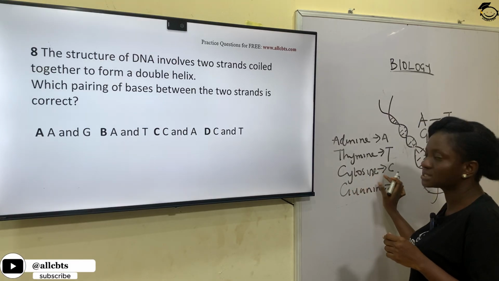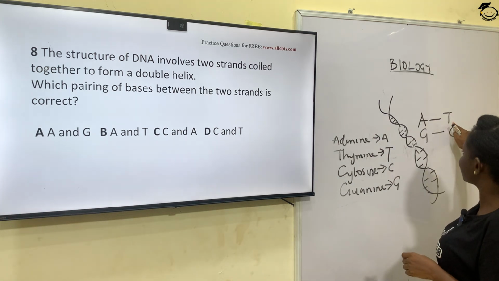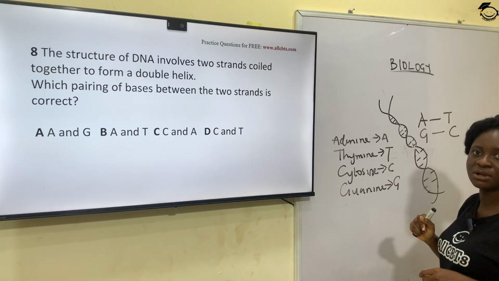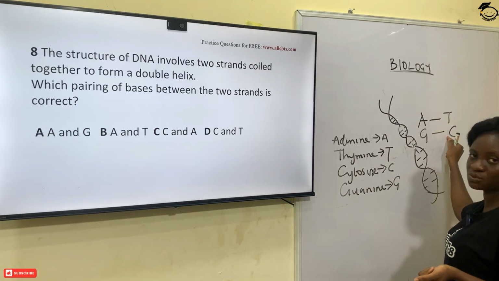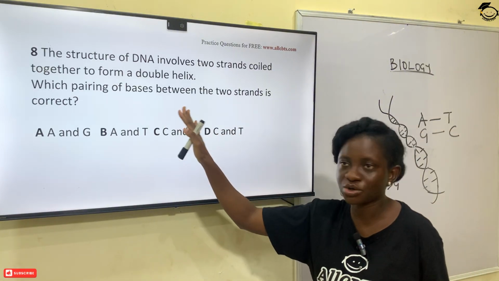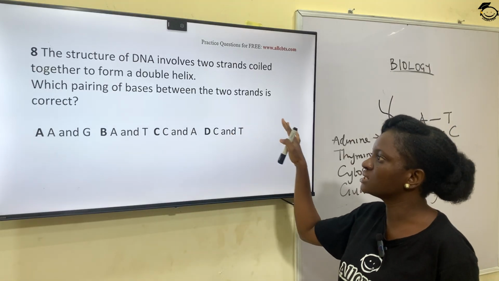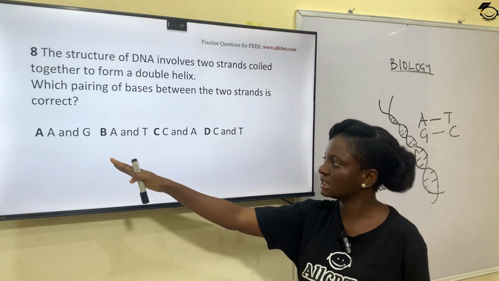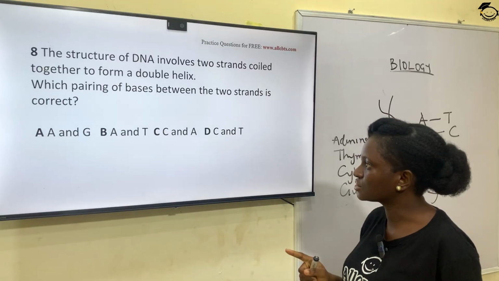So adenine pairs with thymine, guanine pairs with cytosine. But for RNA, adenine pairs with uracil. But the focus here is the structure of DNA. So which pairing of bases between these two strands is correct? Option A says A and G, adenine and guanine. No, that is not correct.